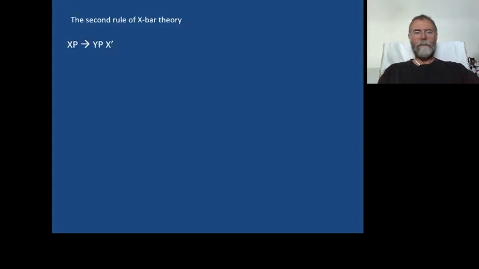So it's time to look at the second rule of X-bar syntax. It may look a bit familiar to you because it looks pretty much like the first rule, which was like this. Both of them are phrase structure rules. They've got an arrow in the middle and a symbol to the left and some symbols to the right of the arrow.